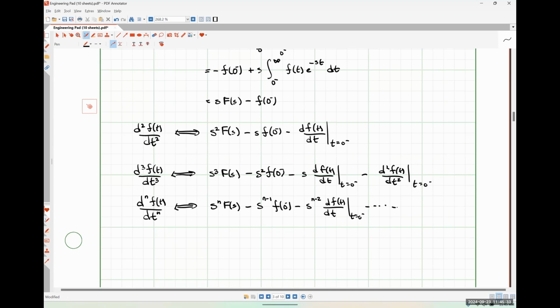And then keep on iterating on that over and over again until we get to effectively s to the 0, which is literally just 1, times the n minus 1th derivative of f of t evaluated at t is equal to 0 minus. Realistically, I don't expect us to ever have to do anything over the second derivative.